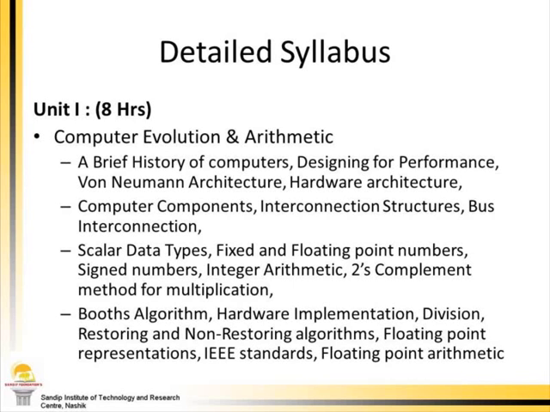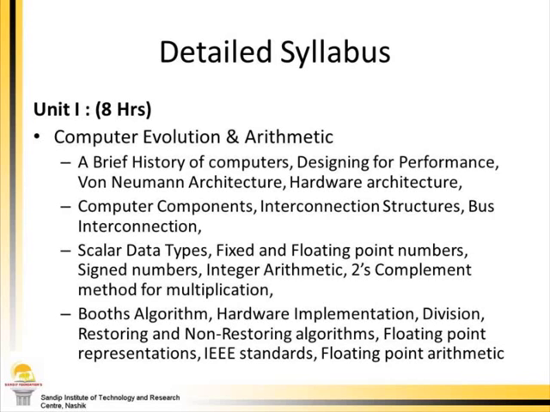So this is the part of the first unit. It's giving the brief history of the computer system, designing for performance, the Von Neumann computer architecture, and the hardware architectures of the computer systems. Different types of the computer components, that is input and output devices. Only the overview of these components is given over here.